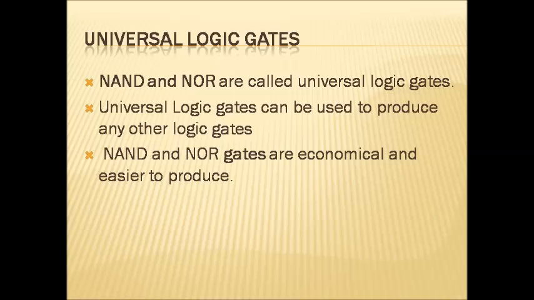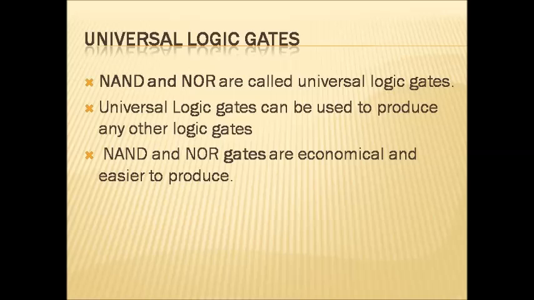In economical terms, NAND and NOR are easier to produce. So there are two basic reasons why NAND and NOR are called the universal gates. The first is that universal logic gates are used to produce any other logic gates, including the basic logic gates.